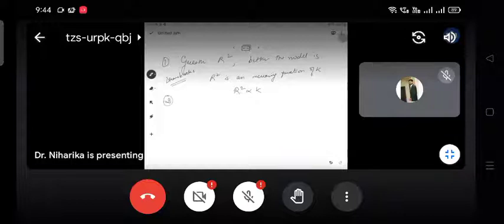Second वाला इससे related है. So to overcome the drawback of the first method, we use R bar square.